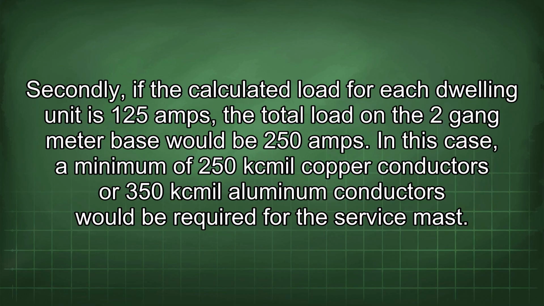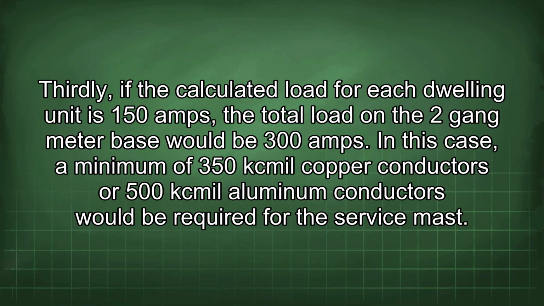Secondly, if the calculated load for each dwelling unit is 125 amps, the total load on the 2-gang meter base would be 250 amps. In this case, a minimum of 250 kcmil copper conductors or 350 kcmil aluminum conductors would be required for the service mast.